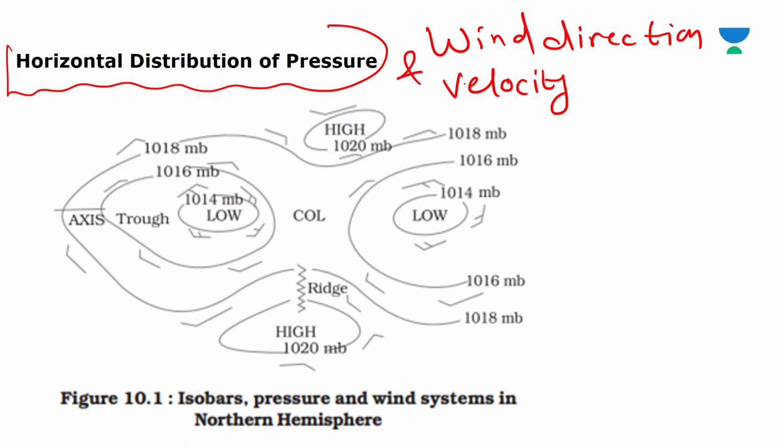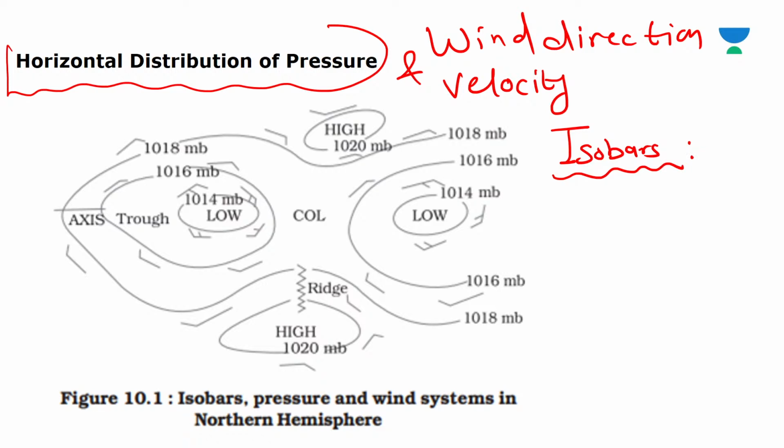So, the horizontal distribution of pressure is studied by drawing isobars at constant levels. Isobars are lines connecting places having equal pressure.